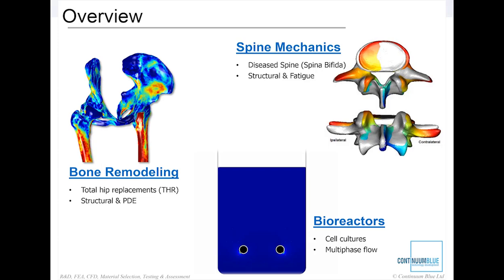Then we're going to move on to bioreactors and work on some cell cultures, a multi-phase flow, and illustrate how easy it is to implement multi-phase flow and two-phase flow models by doing a live demo of a simplified model. And then finally, we're going to touch on some spine mechanics that we've done on a diseased spine, a spine with spina bifida, and that involves structural and fatigue work.